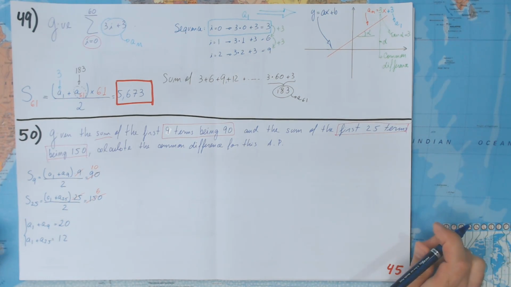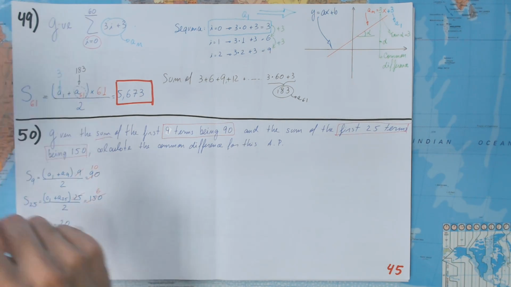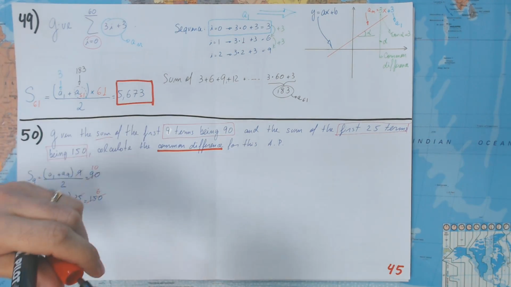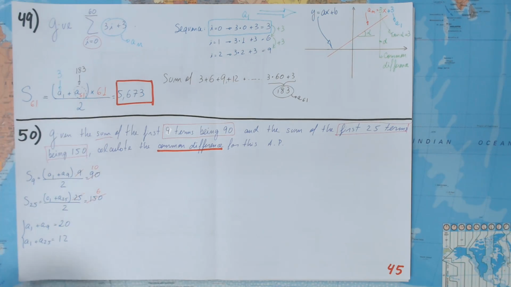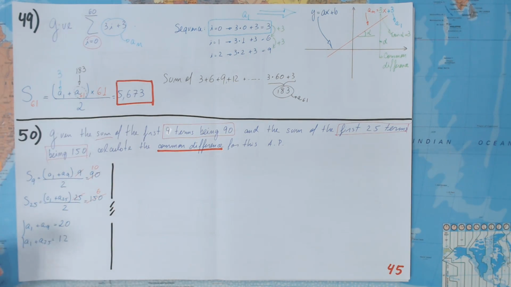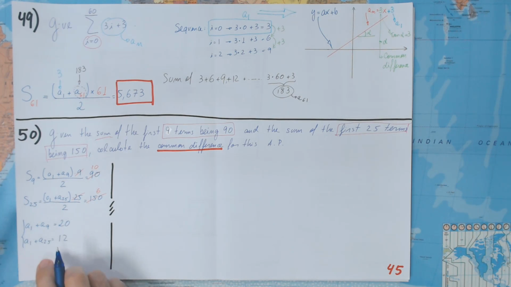Now what we need in here is to find the common difference. This is going to be our aim. Having that in mind, I'm going to prepare these equations, and the idea is to get rid of those terms.